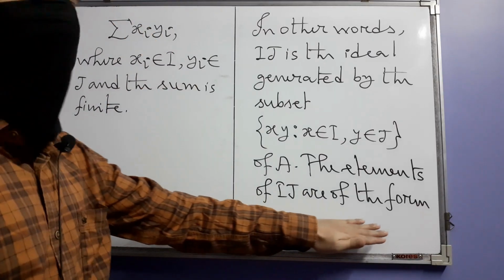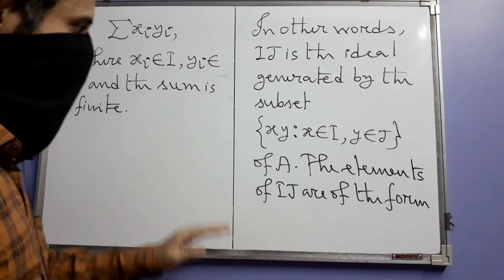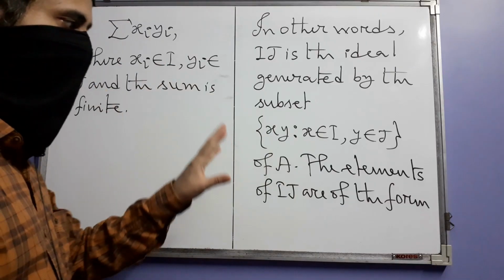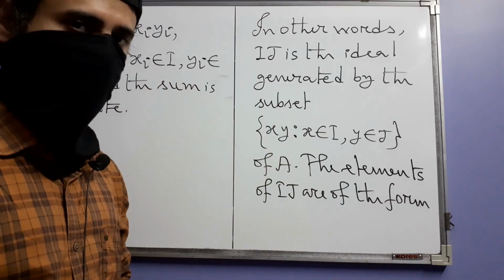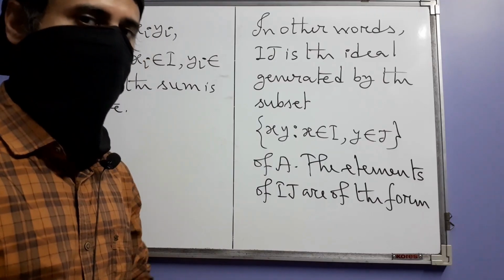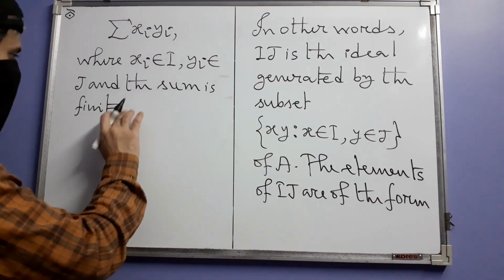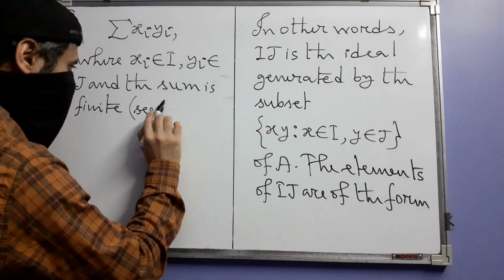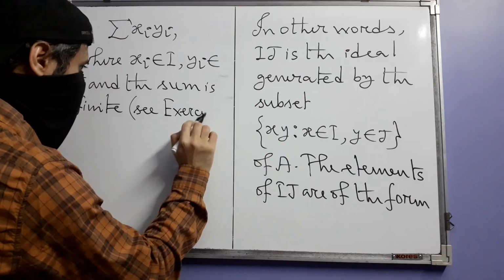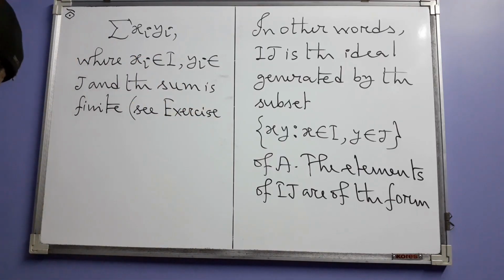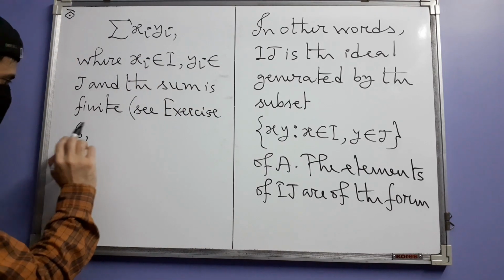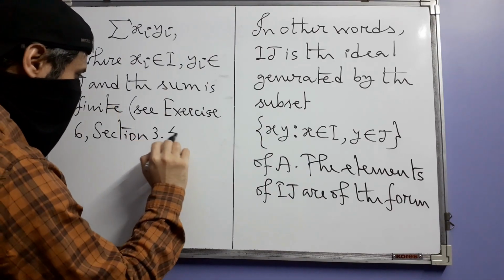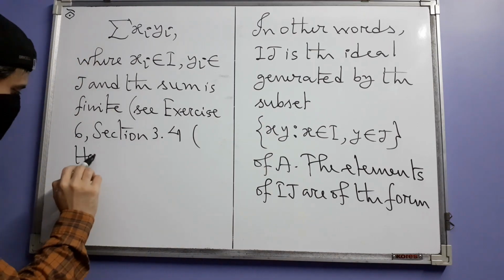Now this entire fact, the product of two ideals, how it is defined and what its elements look like, these are nothing new to us. We have already done this in Herstein's Topics in Algebra. In this exercise, see exercise 6 of the same section as that one, 3.4 of Herstein.